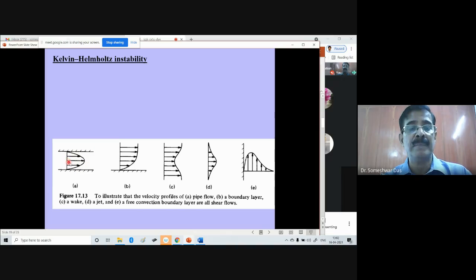There is a maximum current in the center, and as you go toward the boundary, the speed of the current decreases. This variation of speed causes wind shear, and this can cause the instability.